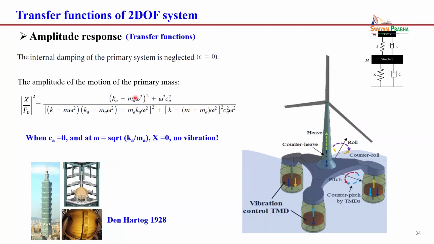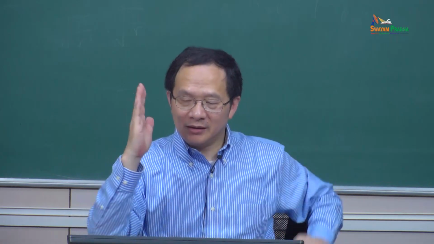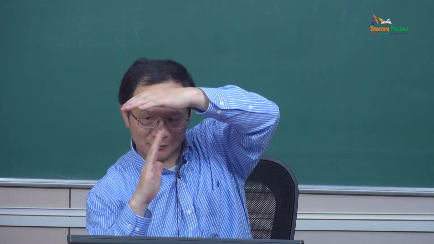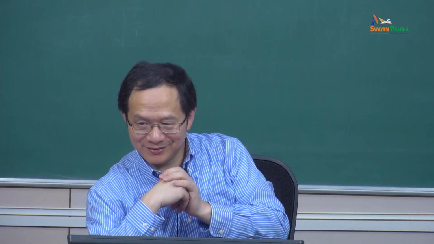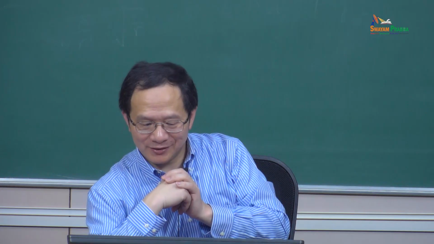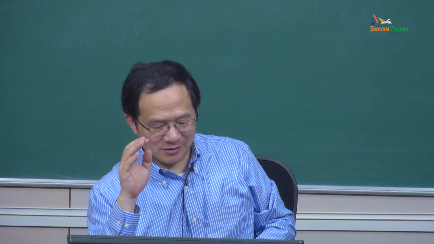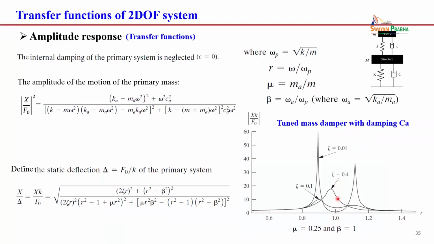So I showed you that structure already, right? And now you put another mass, you reduce the vibration, right? So your question is, what's the meaning of one peak or two peaks? We don't count one peak, two peaks, that is one frequency. And at that one frequency here, you can make this amplitude almost 0, right?